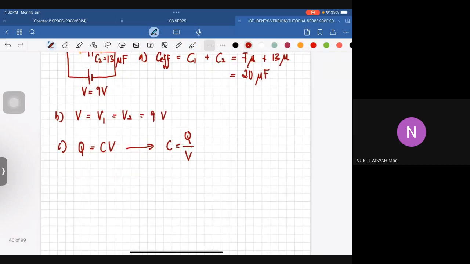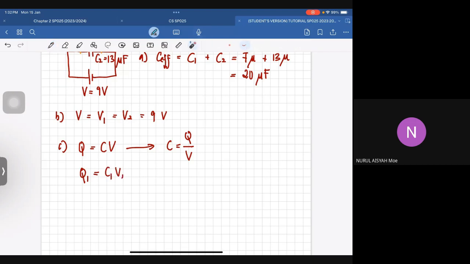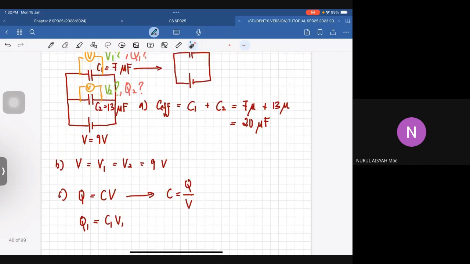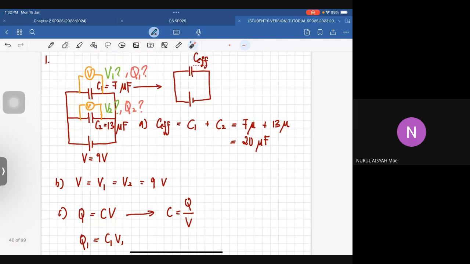Now we try to arrange it for capacitor 1, and we check whether we have enough information or not. From here, we only need the capacitance and the voltage, which we already have.